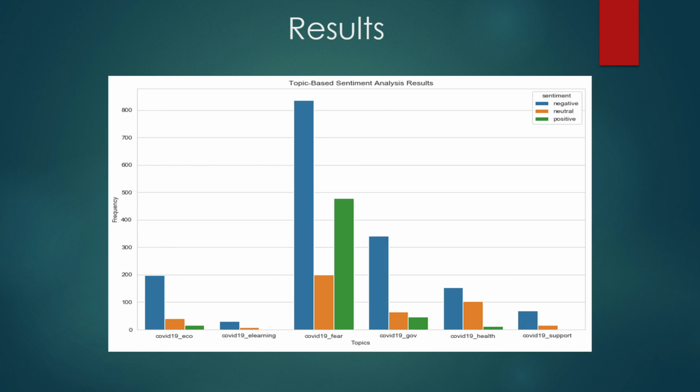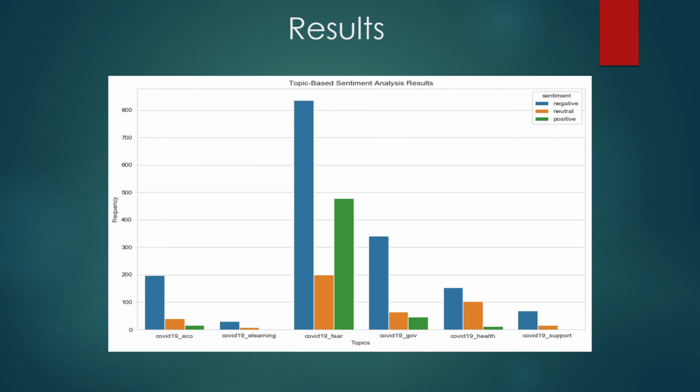So we visualize our results in a bar chart. As you can see in front of you, on the x-axis we have the extracted topics. We have 6 topics: COVID-19 and economy, state economy, COVID-19 and education or e-learning, COVID-19 and fear anxiety, COVID-19 and the government measures, COVID-19 and health, and COVID-19 and support plan.